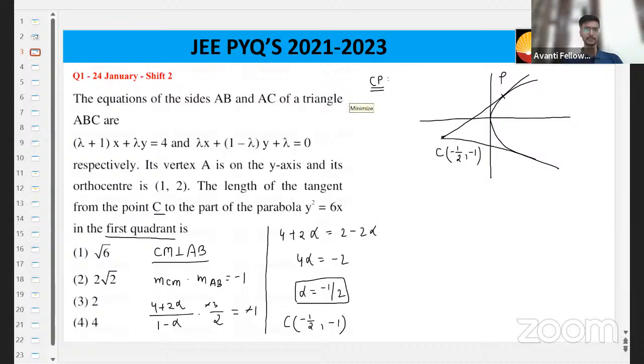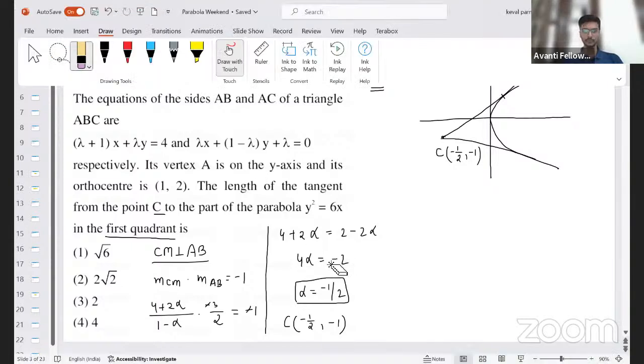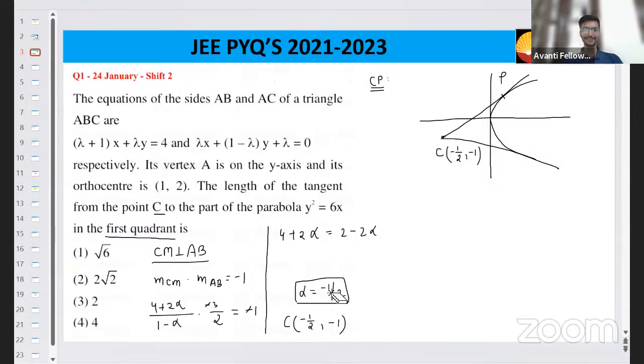Okay, superb. Alpha's value is wrong. Did I make a calculation error? Just a second. Let me check. 4 plus 2 alpha into 3. Yes. Thank you for pointing out.